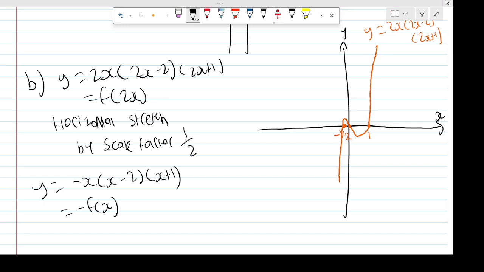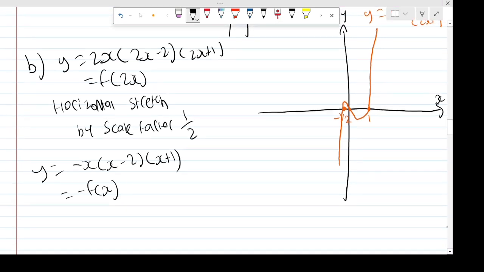But what's that going to do? Well, you could remember it as a reflection, but let me go over how to almost derive it. Instead, what we'd say is a vertical stretch, which means basically, again, you multiply the y values by scale factor -1. So again, you do what you expect, you times by -1, okay?